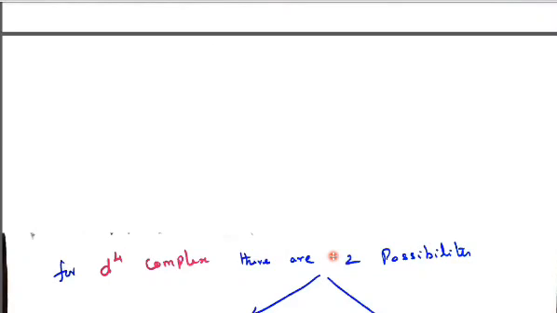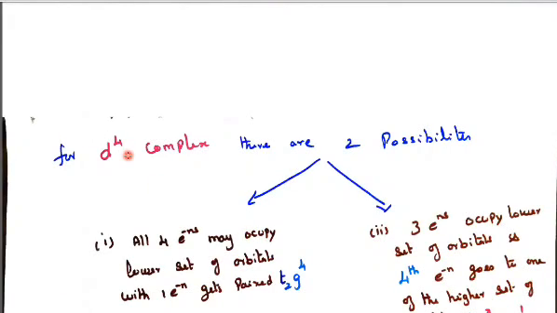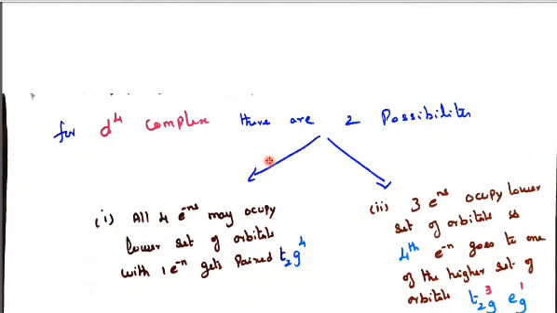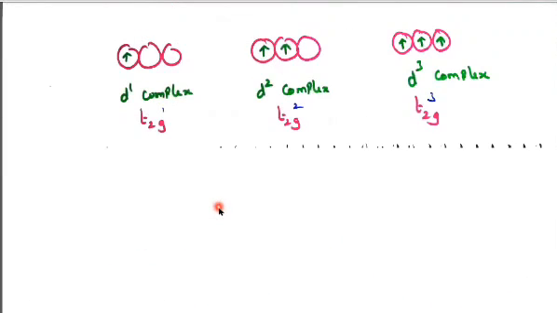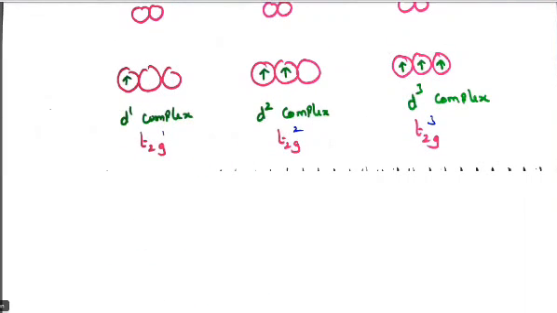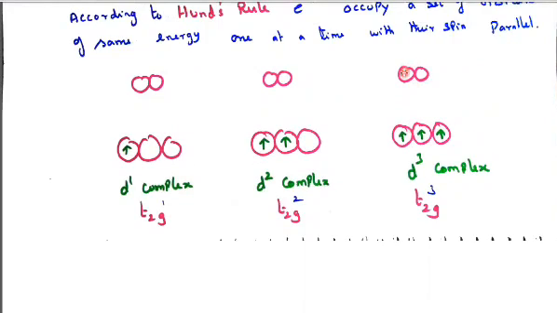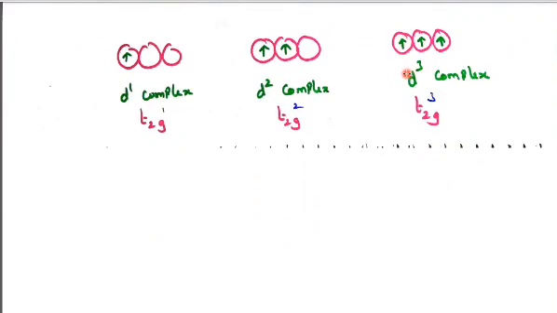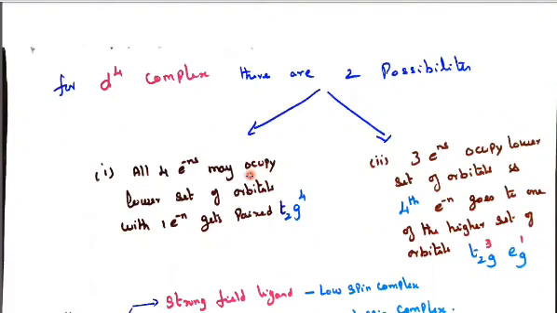In the case of a d4 complex, there are two possibilities. The fourth electron may go and pair up in the t2g itself, or it will go to the eg set. So that shows there are two possibilities.